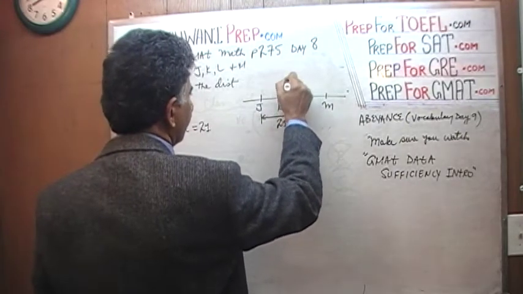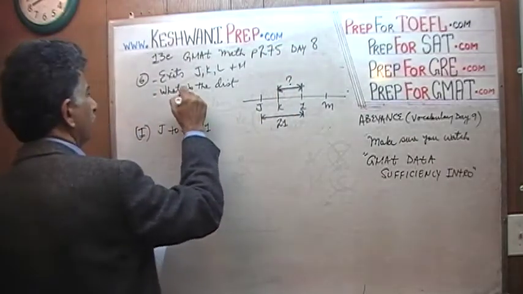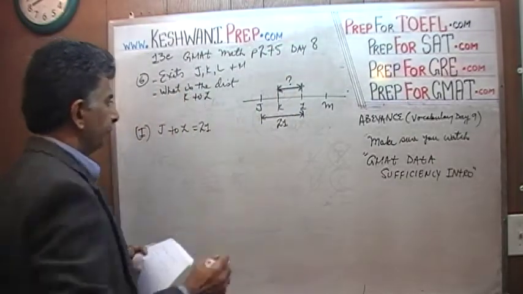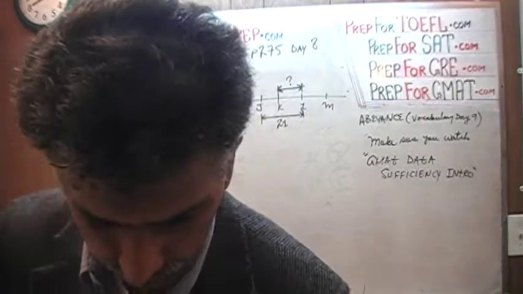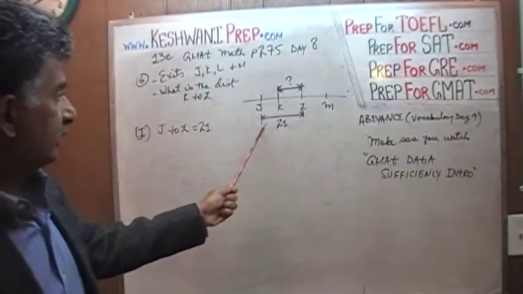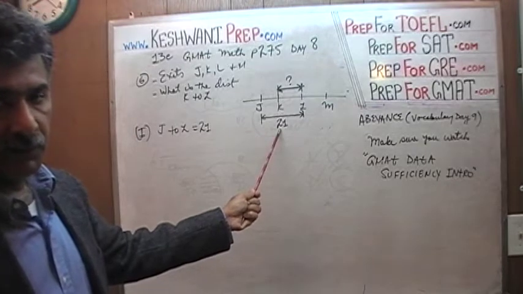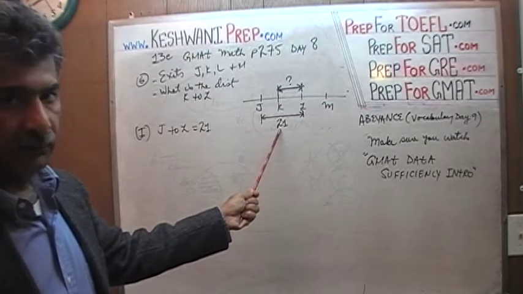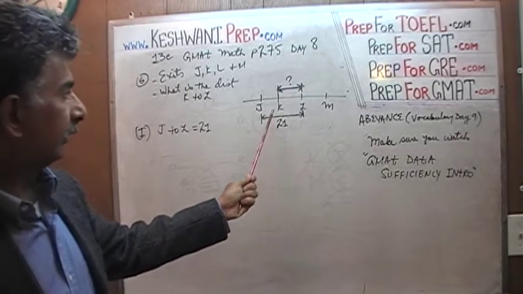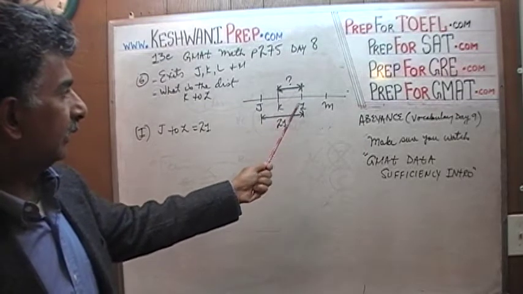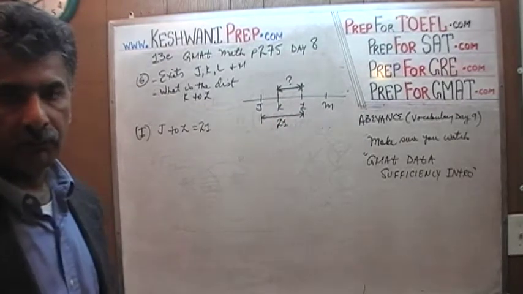We are interested in this distance here from K to L. Does that in any way enable us to ascertain what the distance might be from K to L? The answer, of course, is no.